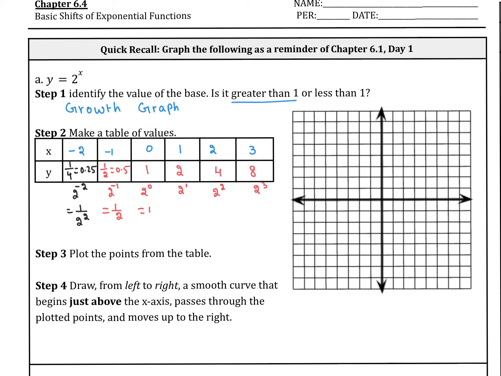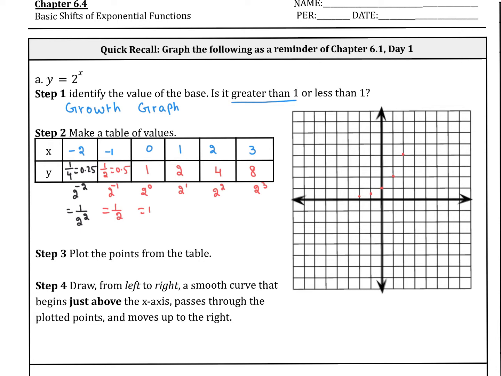Next thing is we're going to plot these points from the table and draw the graph from left to right, as smooth as possible. So what we have here is (-2, 0.25), (-1, 0.5), (0, 1), (1, 2), (2, 4).